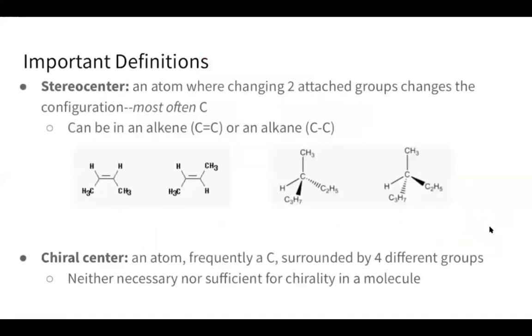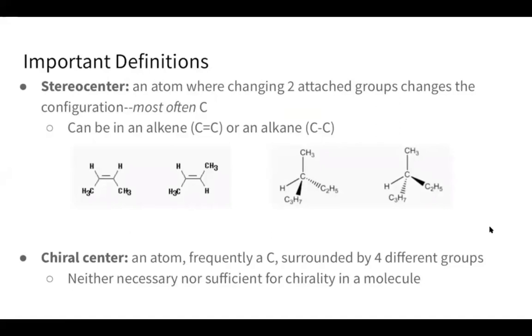So before we talk about different types of stereoisomers, I wanted to go over some important definitions. So we have a stereocenter, which is an atom where changing any of the two attached groups changes the configuration. And when I say configuration, just know that changing the two groups can create a different molecule or a molecule that's not the exact same.